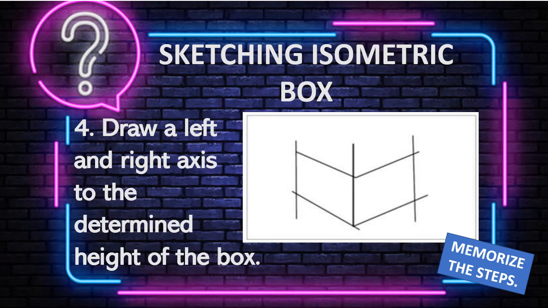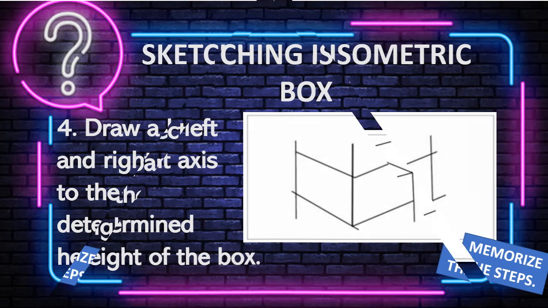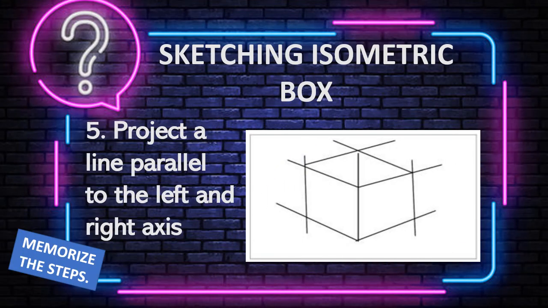Next, for step number 4, look at the illustration carefully. This is how you will draw. Step number 4. Draw a left and right axis to the determined height of the box. This is the second to the last step. Please look closely at the sketch. This is how you will sketch the 5th step.